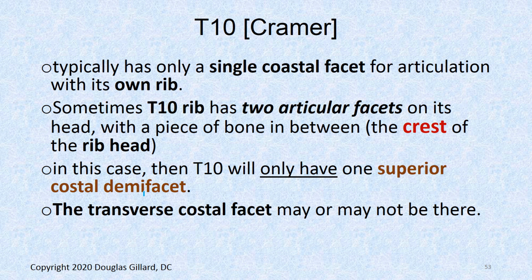If the T10 rib has two articular facets on it, then T10 will, to accommodate that, have a superior costal demi-facet, because T9 is also going to have an inferior costal demi-facet to share that rib head's double articular pads.